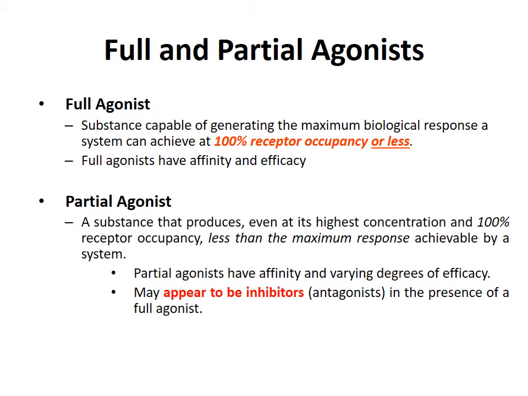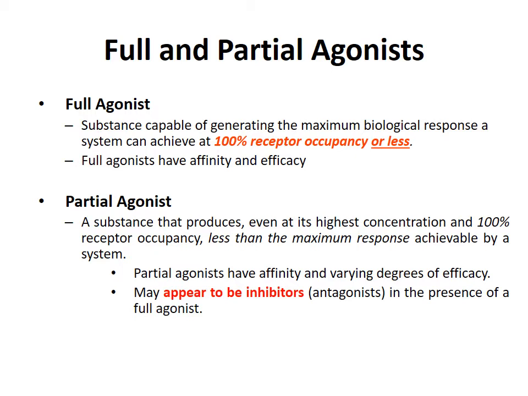A full agonist is a substance capable of generating the maximum biological response a system can achieve at 100% receptor occupancy or less, right? The whole point here is that with a full agonist, at some point, if you give enough of it, it will be able to produce the maximum response that that biological system can achieve, whatever that response may be.